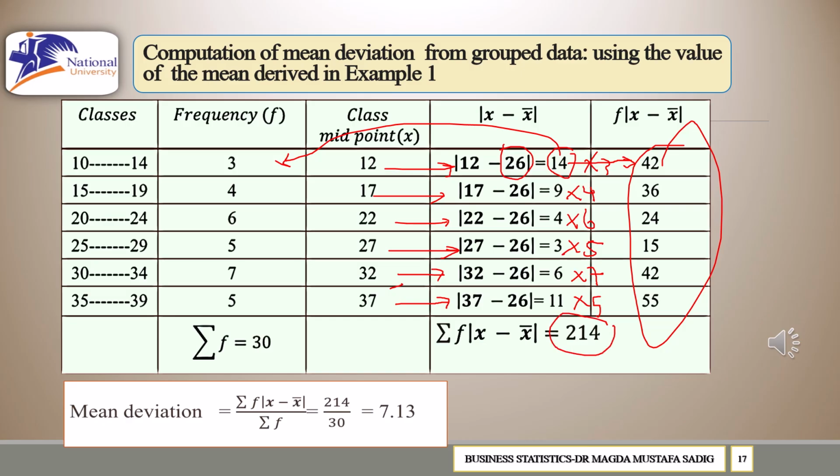Then we divide by summation f, which is 30. So our mean deviation is 7.30. Observe that the vertical lines around the expression mean that we use the absolute value. So this means that all deviations are treated as positive.